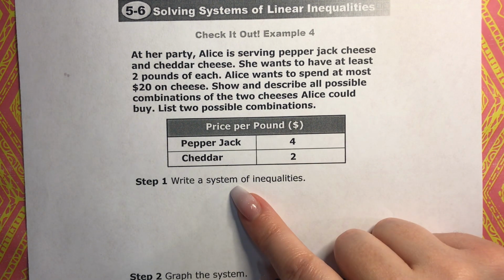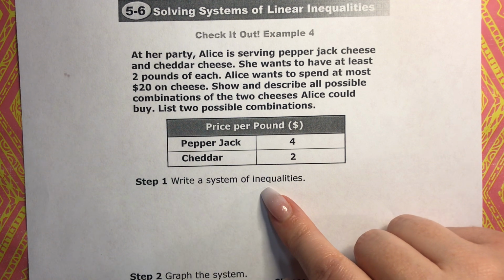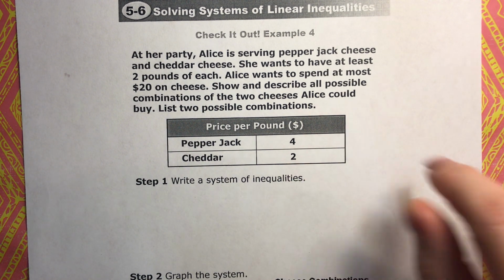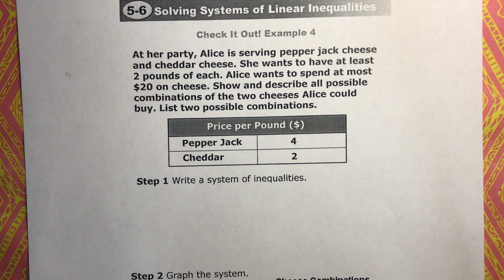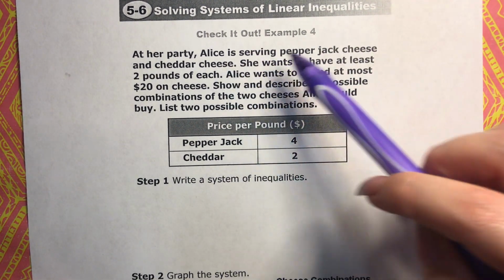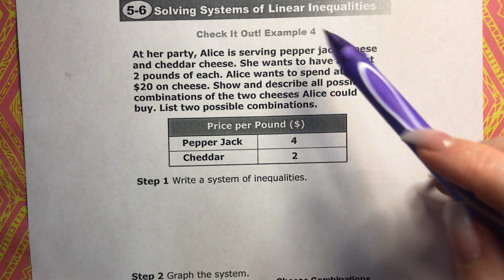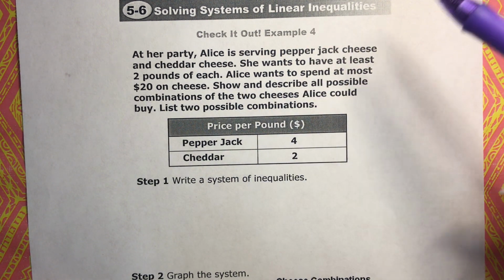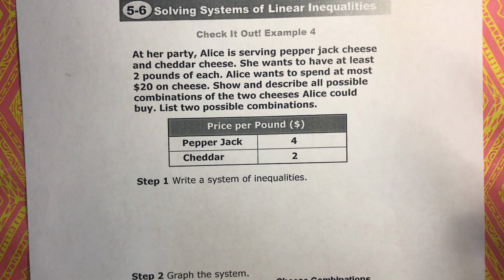So first, before we write our system of inequalities, we need to define our variables. So let's go ahead and do that. Alice is serving pepper jack cheese and cheddar cheese. We just don't know how many pounds she's going to have. So that's what our variables are going to be.